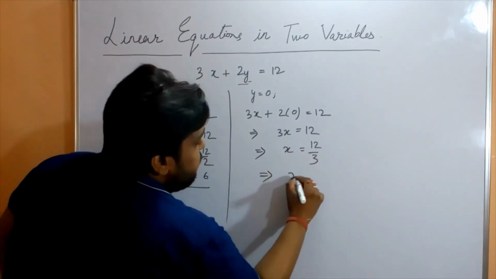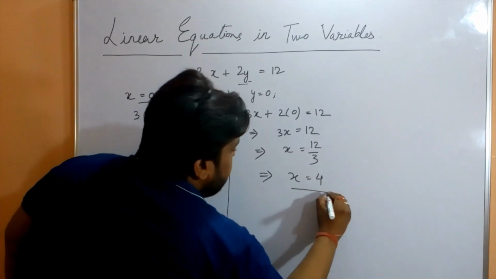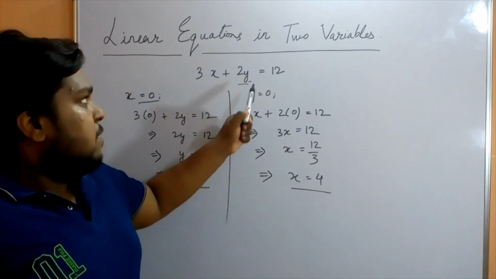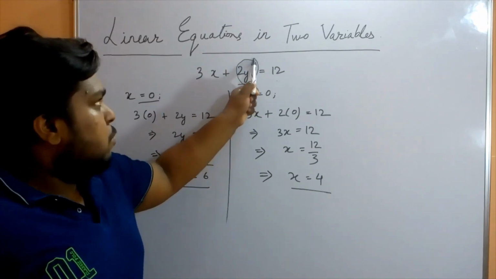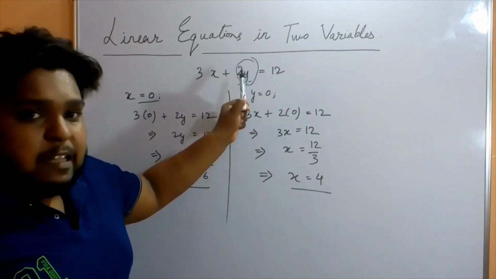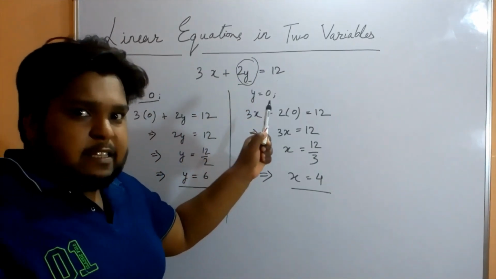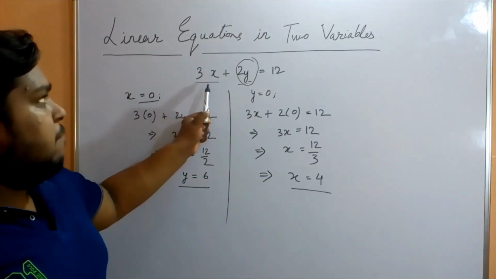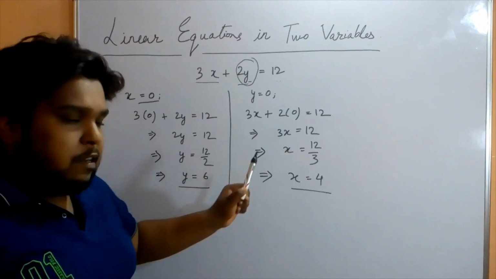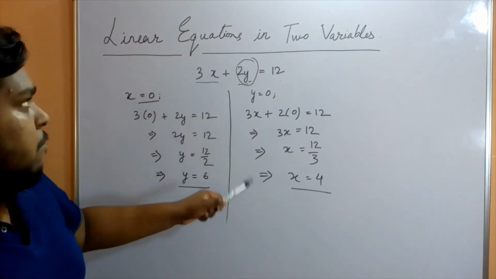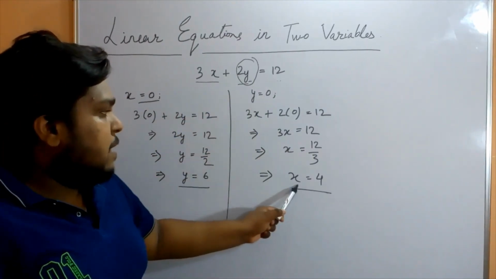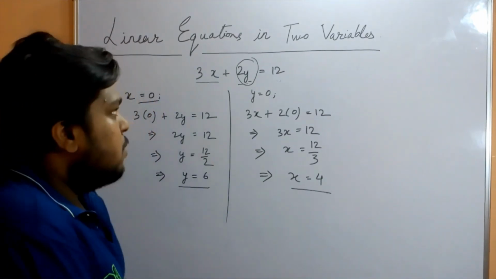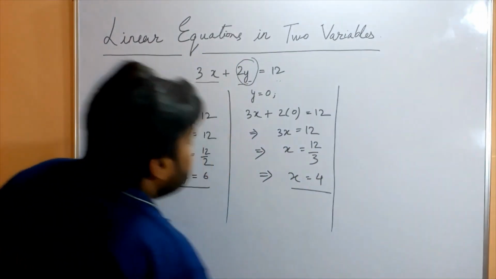If we simplify this, we get x equal to 4. So if you don't buy any eraser, then this term will become 0. Why? Because y is the cost of an eraser. If you didn't buy any eraser, then the cost will be 0. So the remaining term, x, will remain, which costs you 12 rupees. Understood? From this, we get x equal to 4, which means the cost of a pen can be 4 rupees.